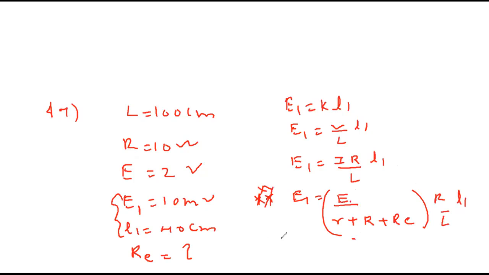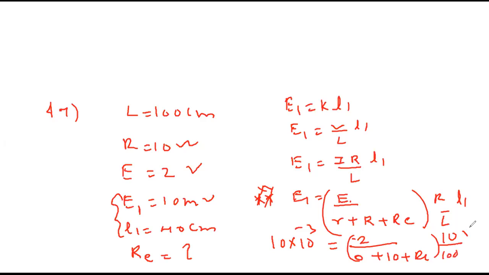Okay. E1 is 10 millivolt, convert into volt. E is 2, internal is not given so 0, wire is 10, external you want, wire is 10, length is 100 centimeter and balancing length is 40 centimeter. 1, 2, 1, 2, 0 we can cancel.